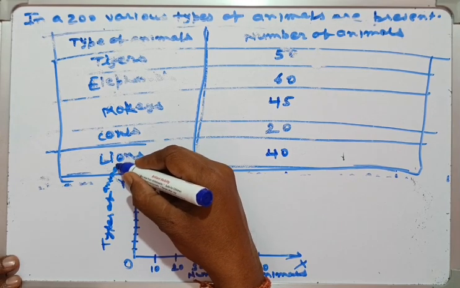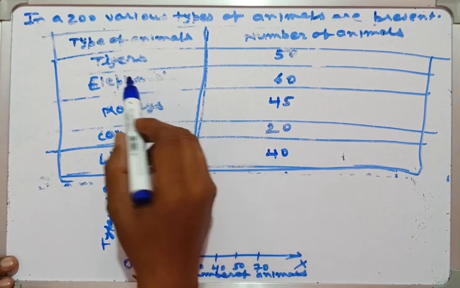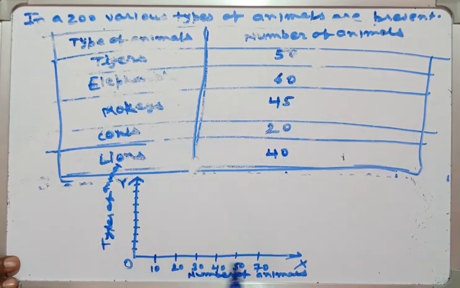Now guys, see, the tigers are 50 in number, so you draw a dotted line like this, or make a horizontal line like this. So this represents 50, then again 60. See here, I have written wrong, 50, again here 60, then here 70.